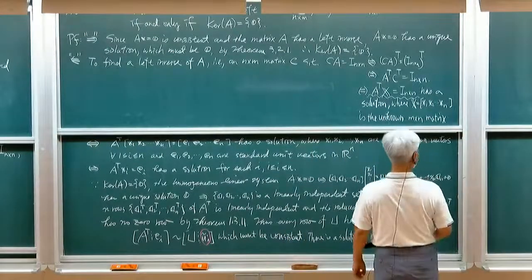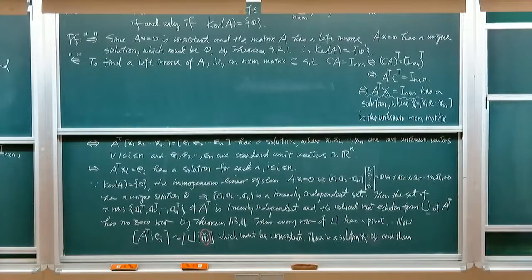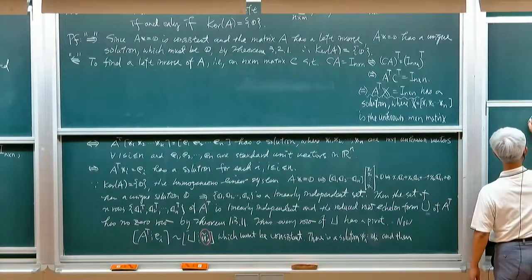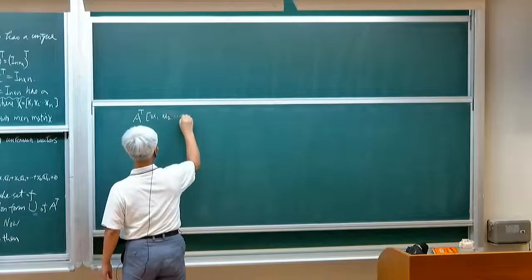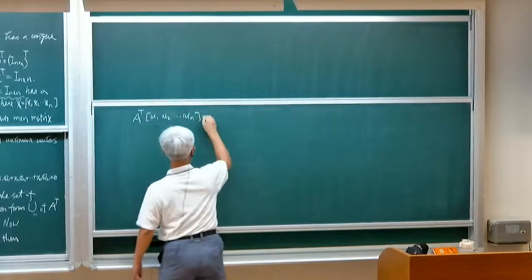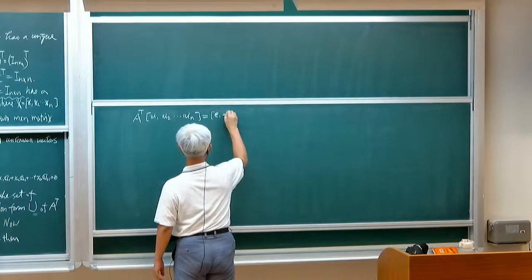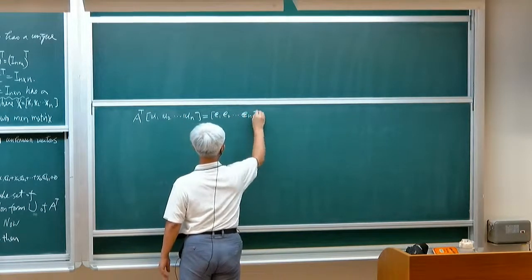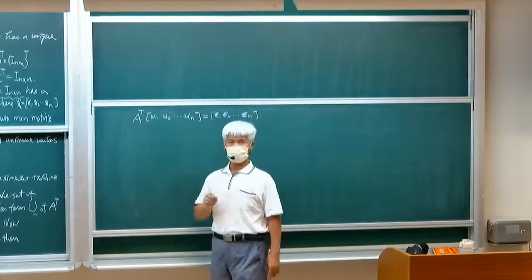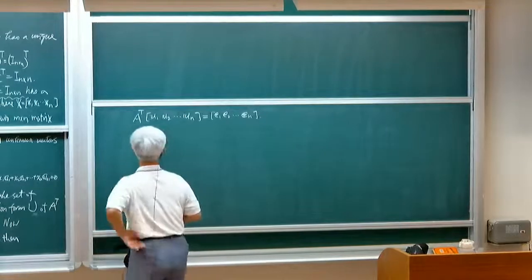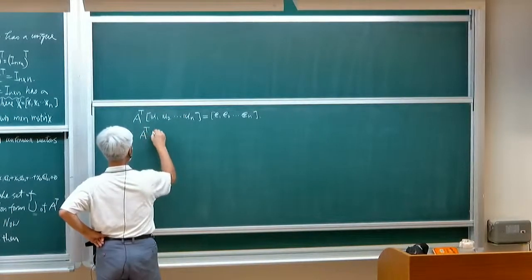And then we have A transpose times U1, U2 up to UN equal to E1, E2 up to EN. So we find U1, U2, and UN. So there exists a solution there.